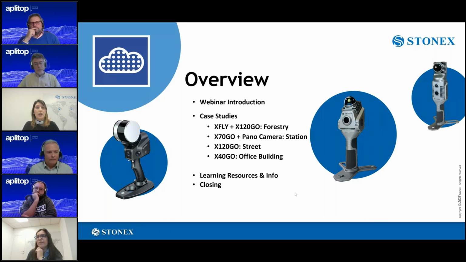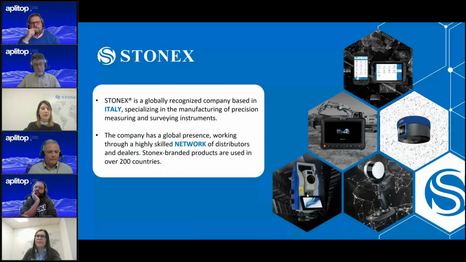Okay, so talking about Stonex, we are a company reselling worldwide. We are based in Italy. We have a big network of distributors all over the world. And we are manufacturing measuring and surveying devices, from GNSS to total station, tablet for managing your field surveys.